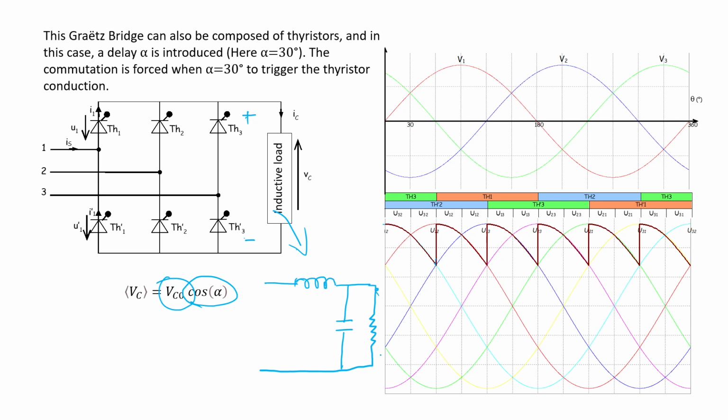But the voltage in here would be just constant, which is the average value of this waveform, because the inductor and the capacitor maintain the voltage to be as straight as possible. We can say the inductor tries to regulate the current to be straight, and the capacitor tries to regulate the voltage, right?